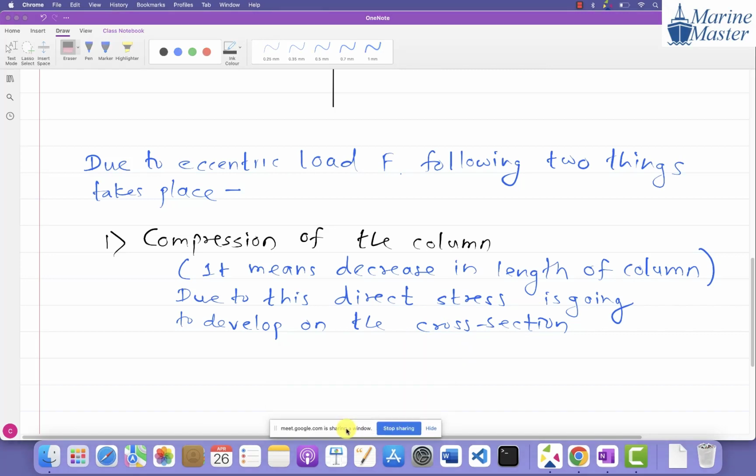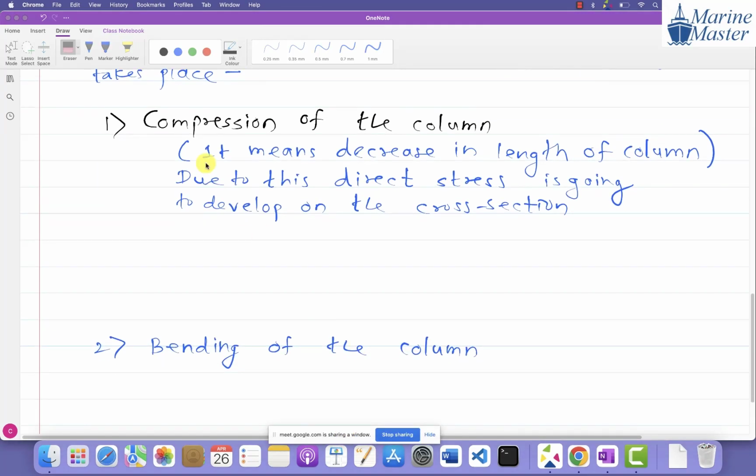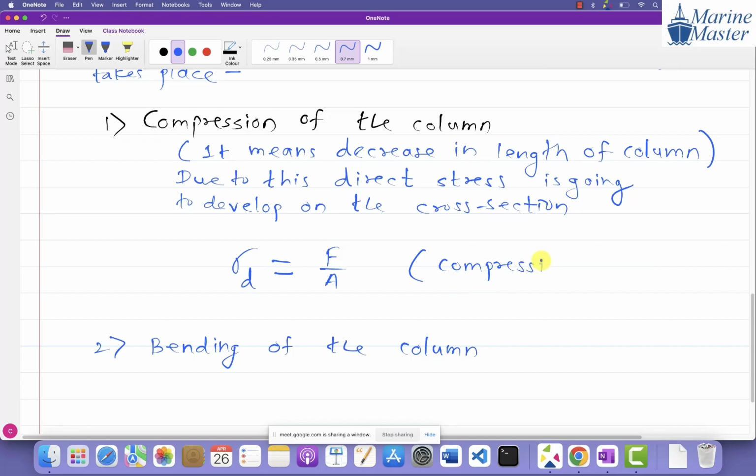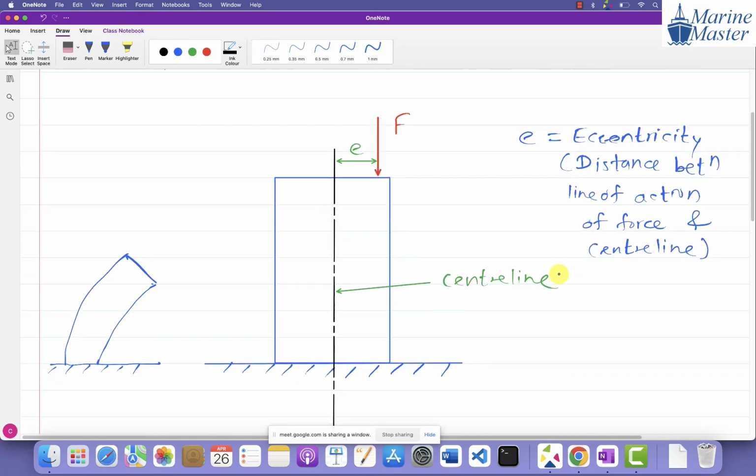And what is the direct stress here? That direct stress is sigma D, and sigma D will be equal to force by area, in Newton per meter square. Its nature in this case is compression.